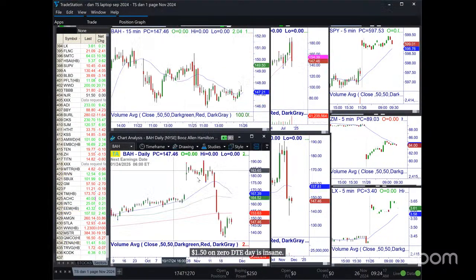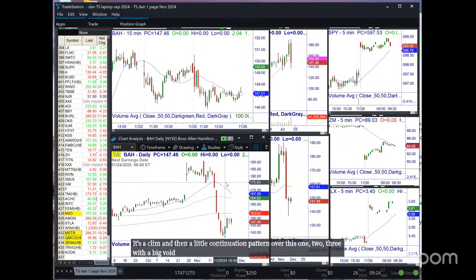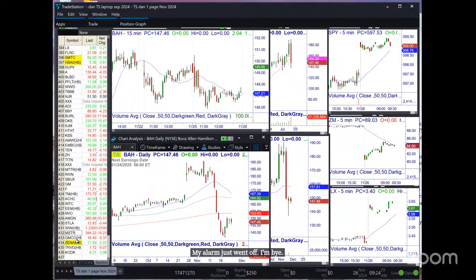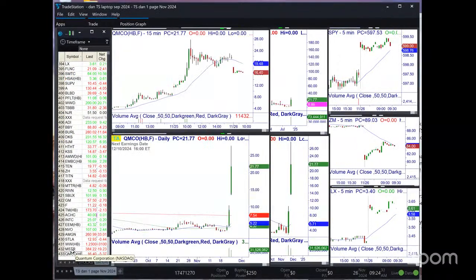A BA alarm. This would be a climax and then a little continuation pattern over this 1, 2, 3 with a big void. My alarm just went off on BA, humbug. All right, thanks, Hugo. Well, I was talking call spread though, not directional.